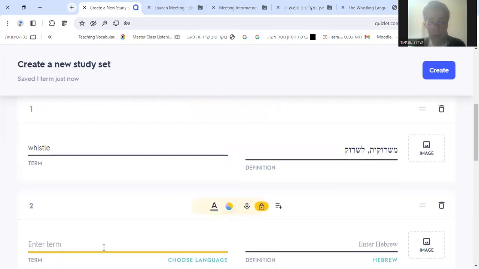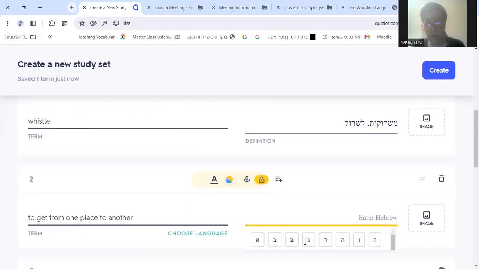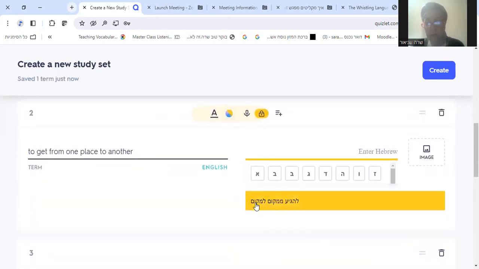Next term היה to get from one place to another. אז פה כתוב להגיע ממקום למקום.